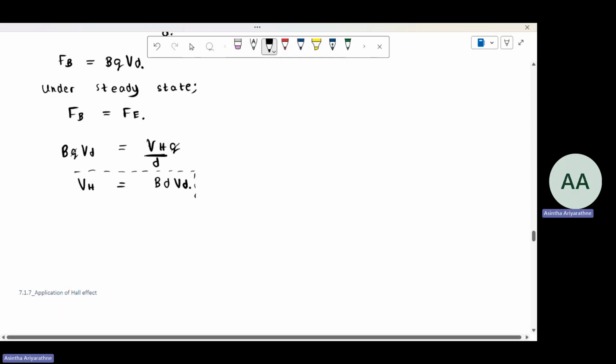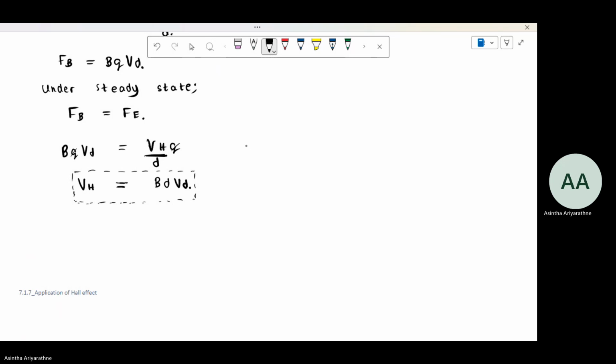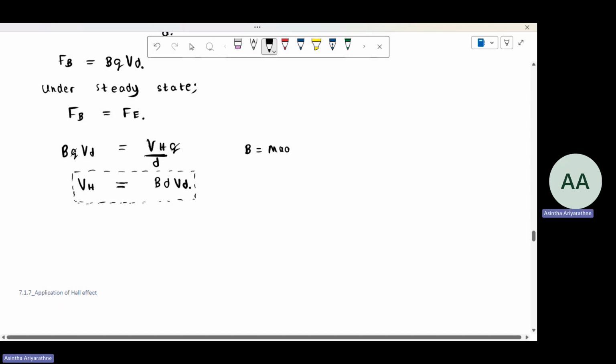So what you have to remember is that under steady state, the magnetic force becomes equal to the electrostatic force. B is the magnetic flux density.